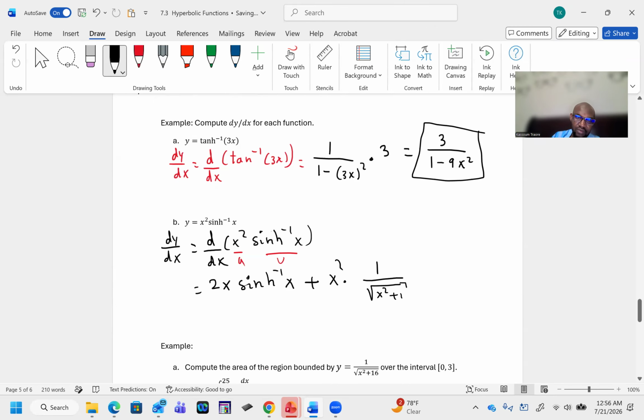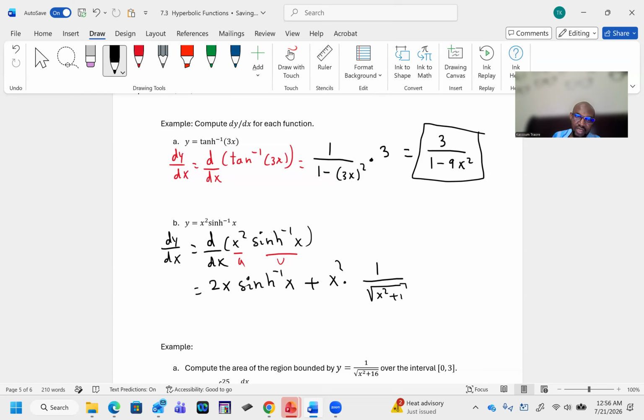Of course, you can rearrange this, or you can leave it like this: 2x inverse hyperbolic sine of x plus x squared divided by square root of x squared plus 1.